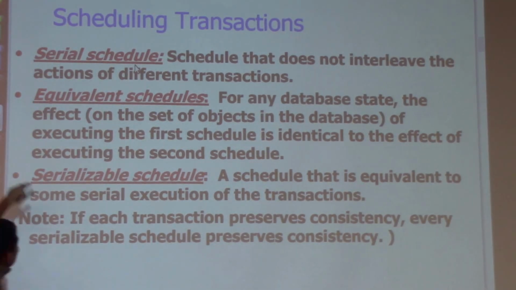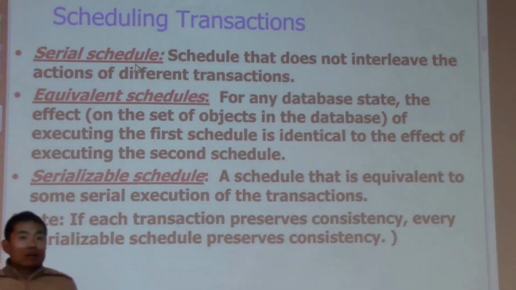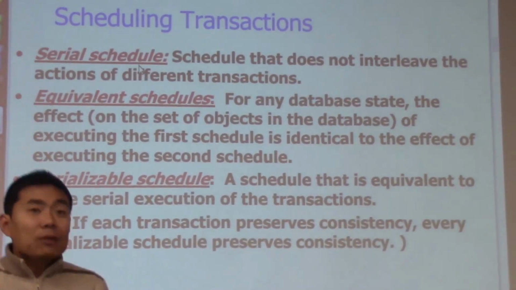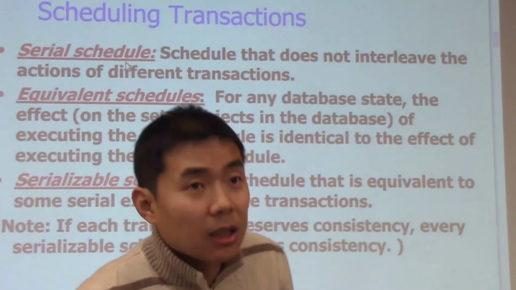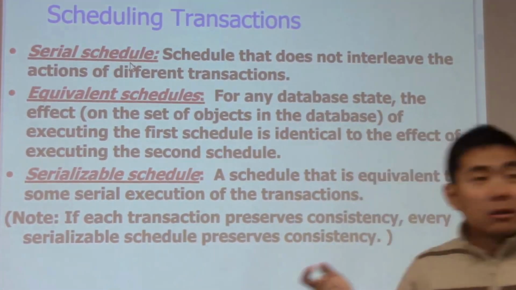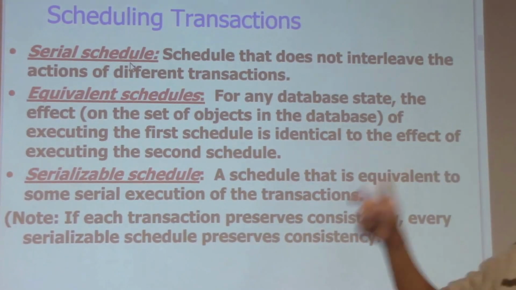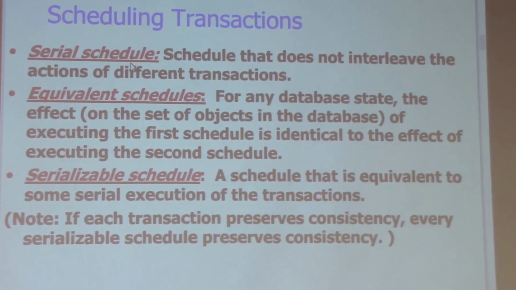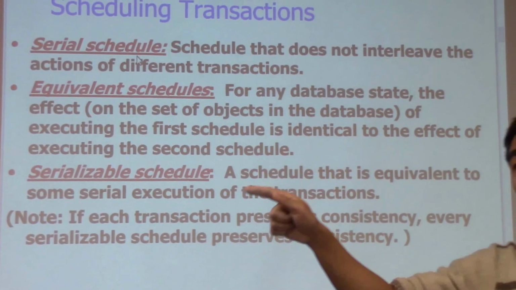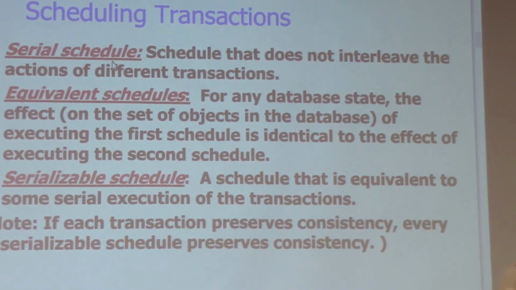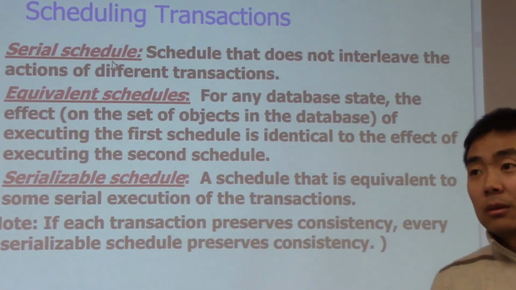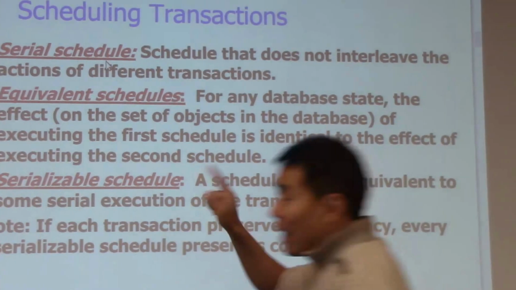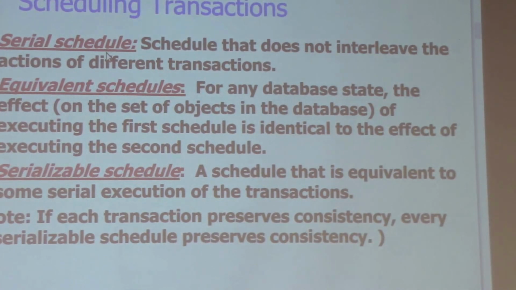With these two being understood, next we try to understand serializable schedule. A serializable schedule is nothing else but a schedule that is not a serial schedule by itself, however, is equivalent to a serial schedule. Then that's what we call a serializable schedule. Do you follow me? So by our definition, this is a serializable schedule.